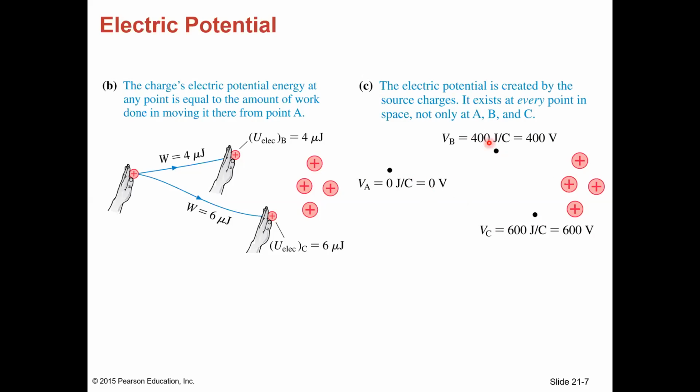And the whole point of a voltage, this 400 volts and the 600 volts, is to tell you how much energy it's going to take if you put a charge there. So going from 0 to 400, that's a greater increase in voltage. It gives you an idea of how much energy is going to be required to move a charge once you actually put a charge there. Same thing here, from 0 to 600.